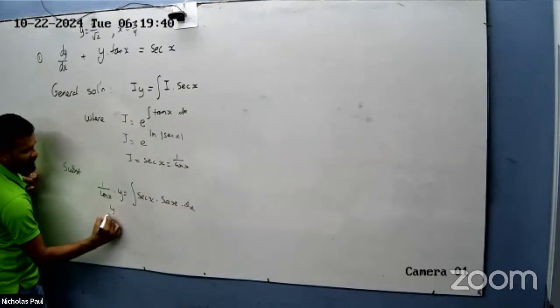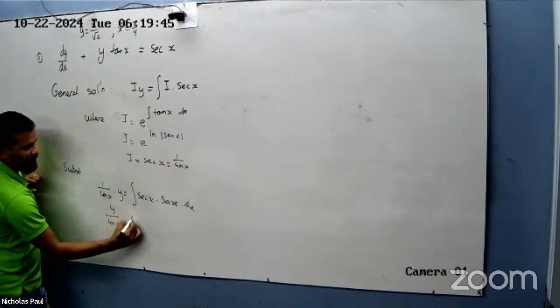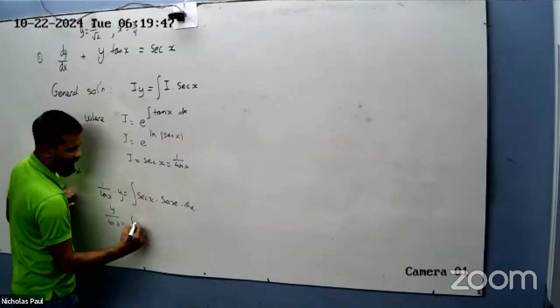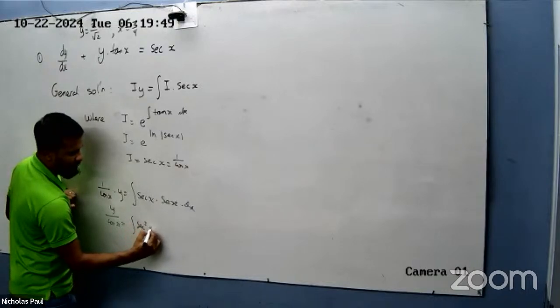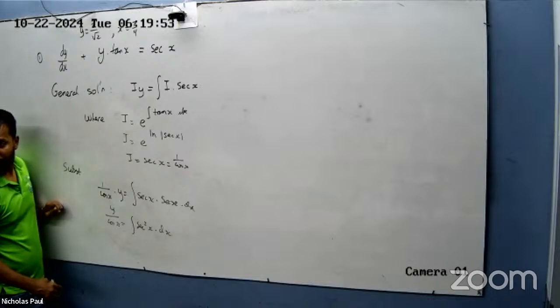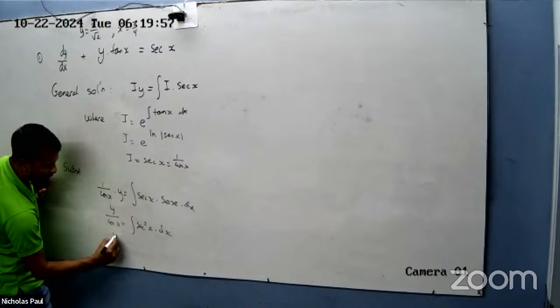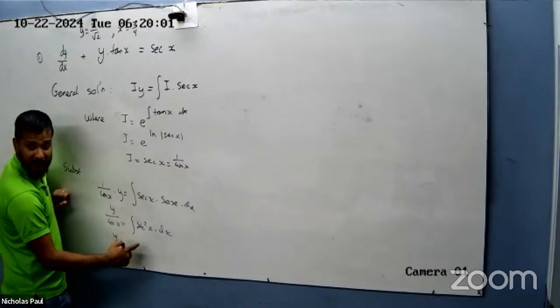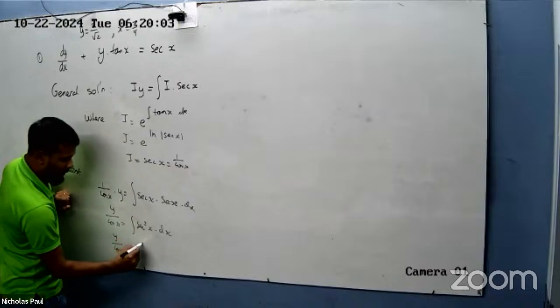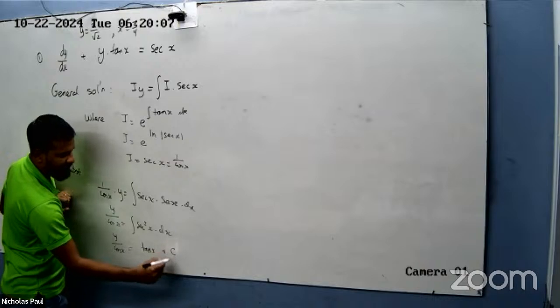This is y on cos x is equal to the integral of sec times sec, which is sec squared x dx. That's okay? And the integral of sec squared is tan, right? So you'll get tan x plus c.